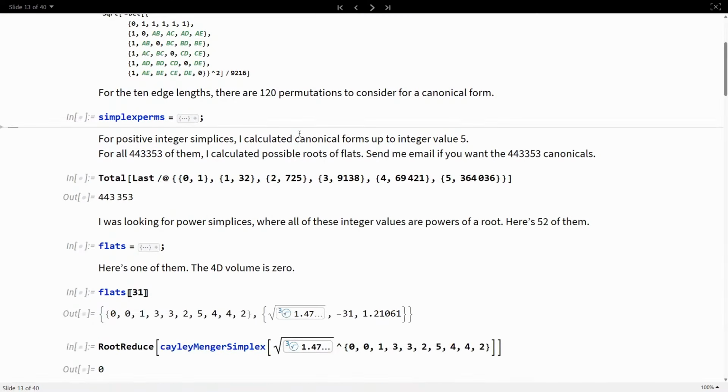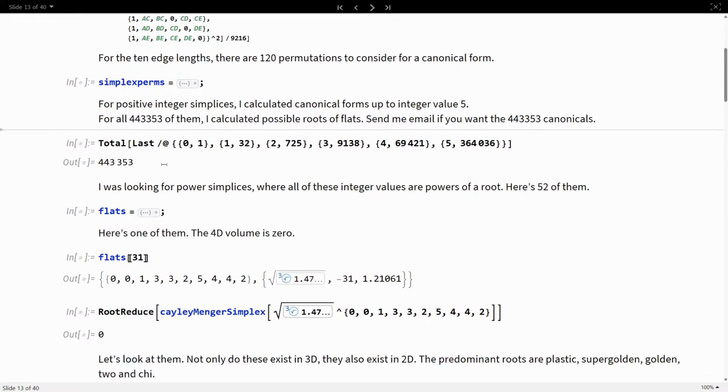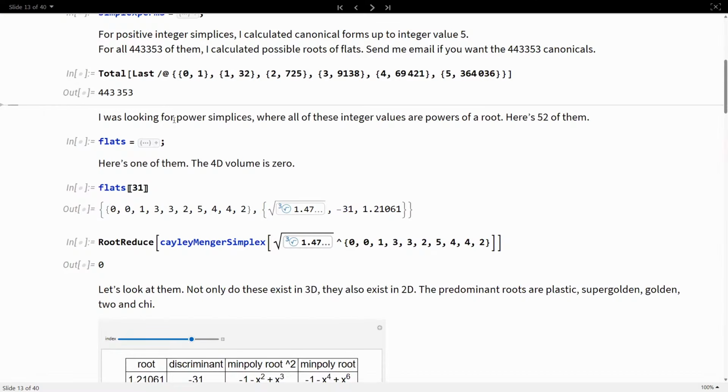And when I did that in canonical forms for all integer values up to 5, I found that there were about 440,000 canonical items to solve, and out of those, I was able to boil down to about 5,000 that had solutions. If anybody wants these canonicals, I can send them along, but they're not too hard to calculate.